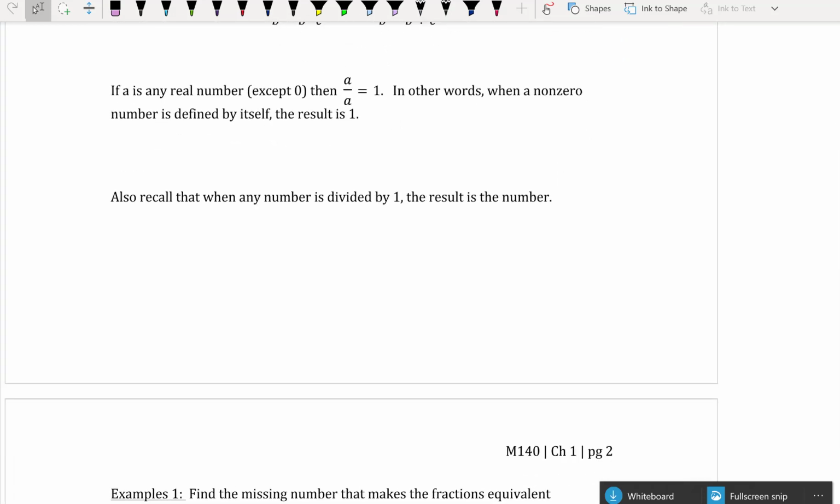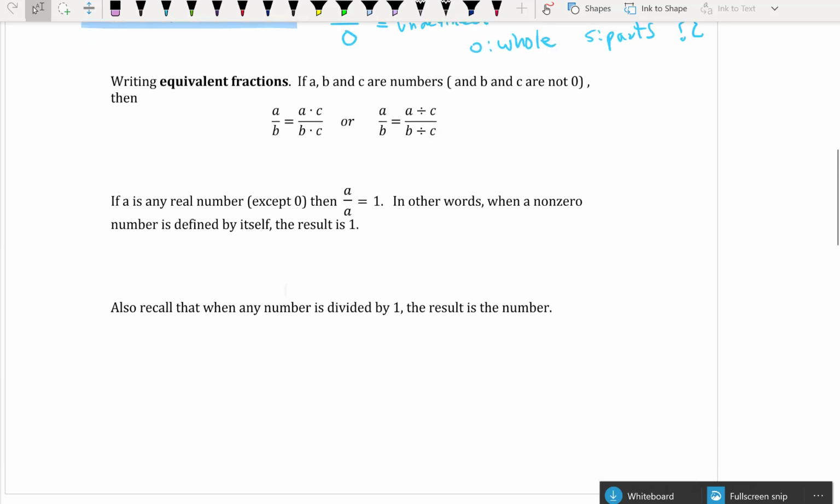So here it says, if a is a real number except 0, then a divided by a is equal to 1. In other words, when a non-zero number is divided by itself, the result is 1. So this is telling us that if we have, let's say, 3 over itself, then it's always going to equal 1. And it works with every number.